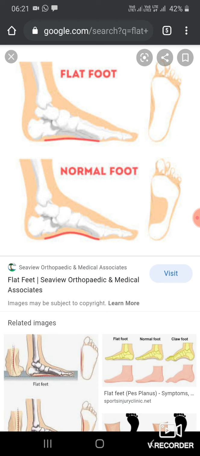That's why if you make a mark with the help of the foot, then your picture of the foot is making a complete, not incomplete picture.